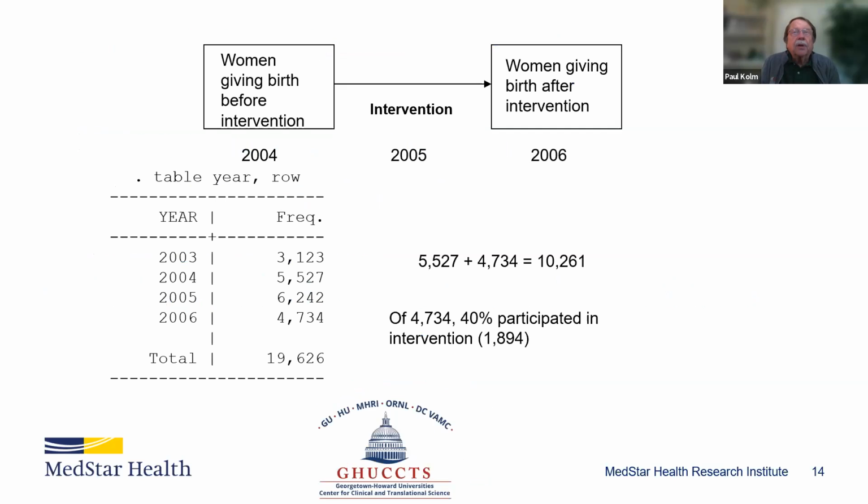So this is sort of a schematic here of the study and the intervention. So we have women giving birth before intervention. The intervention occurs the following year, and then we have women giving birth after the intervention.